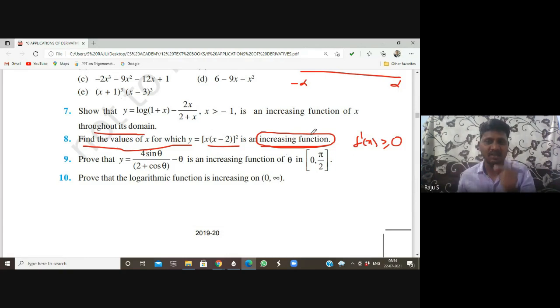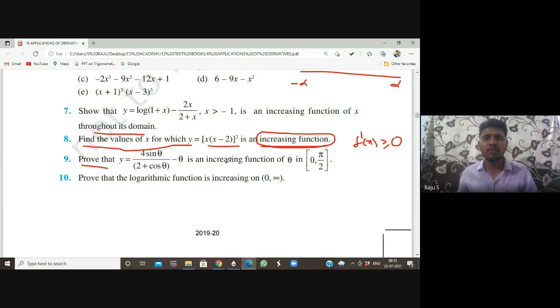Find f dash of x first, then directly take it greater than or equal to 0. You are going to get some x values. That's it. Those values we need to find. Here also we need to find just critical values. No need to check increasing and decreasing. Already they have given increasing. Just find the required x values.